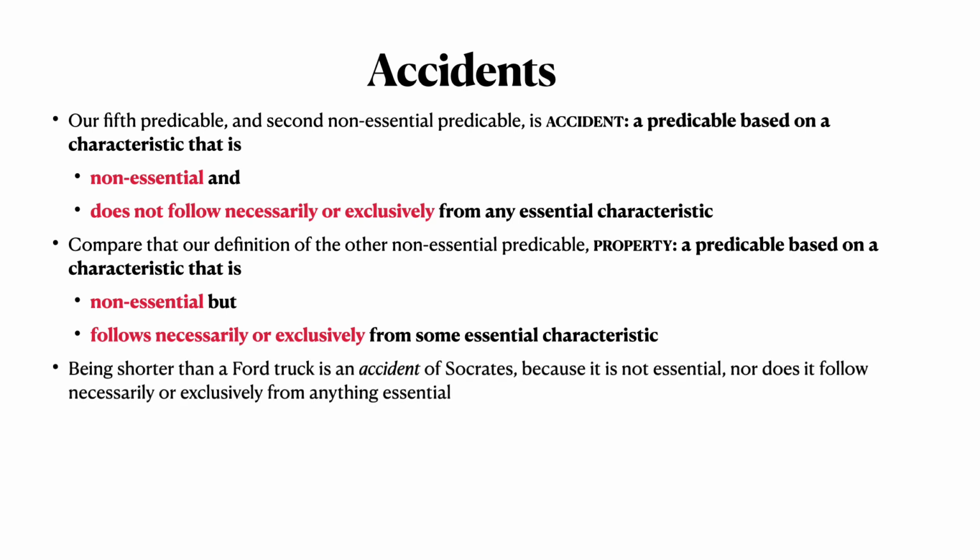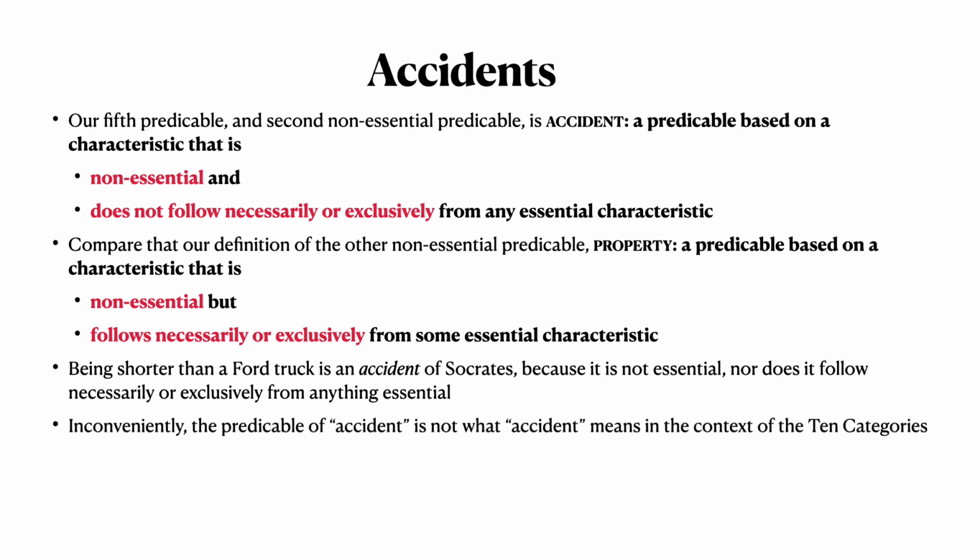Being shorter than a Ford truck is an accident of Socrates because it's not essential, nor does it follow necessarily or exclusively from anything that is essential. Inconveniently now, this predicable of accident is not what accident means in the context of the 10 categories. There we noted that there's one category of substance and 9 categories of accident.